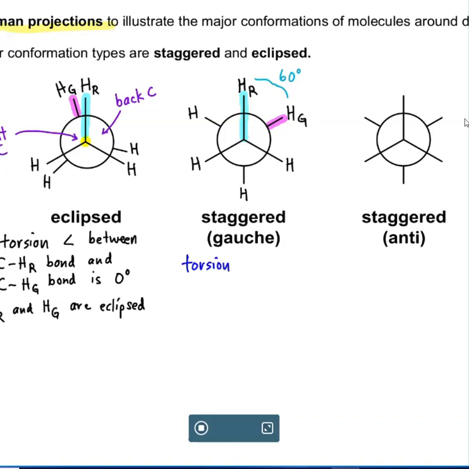And so a torsion angle between the HR bond and the HG bond being 60 degrees, we would say that HR and HG are gauche. So a gauche relationship between two groups is a particular pattern that occurs in a staggered conformation.